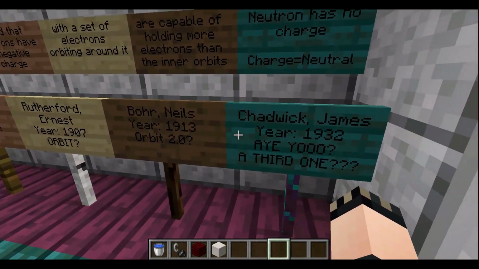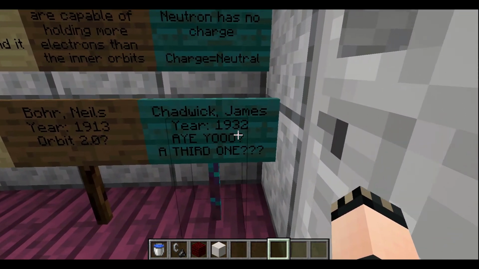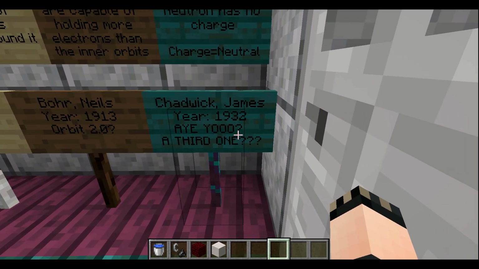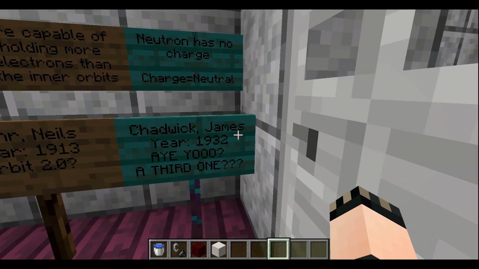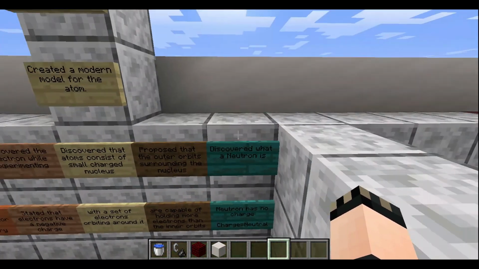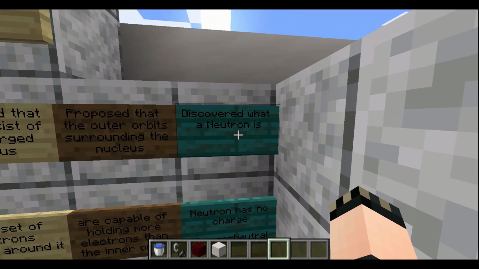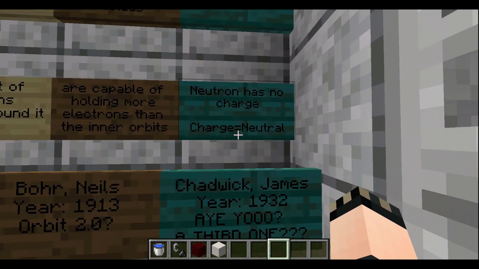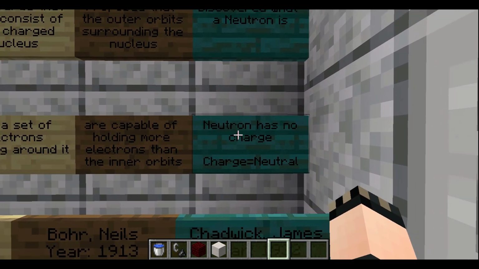Then, many years later, I can't do the math right now, about 19, around there, James Chadwick. Hey, a third one? He discovered what a neutron was. And for those that don't know what a neutron is, a neutron has no charge.